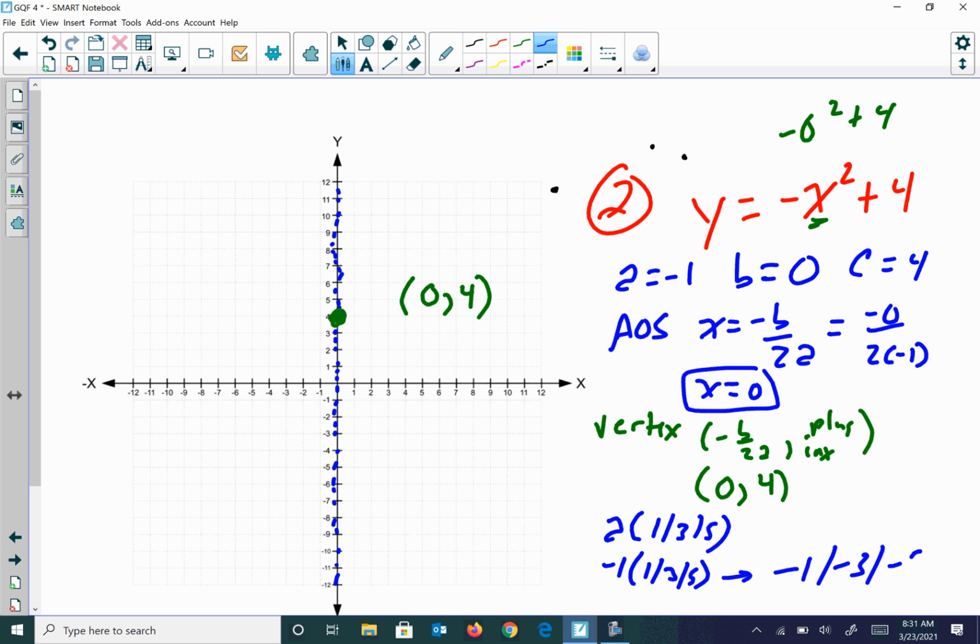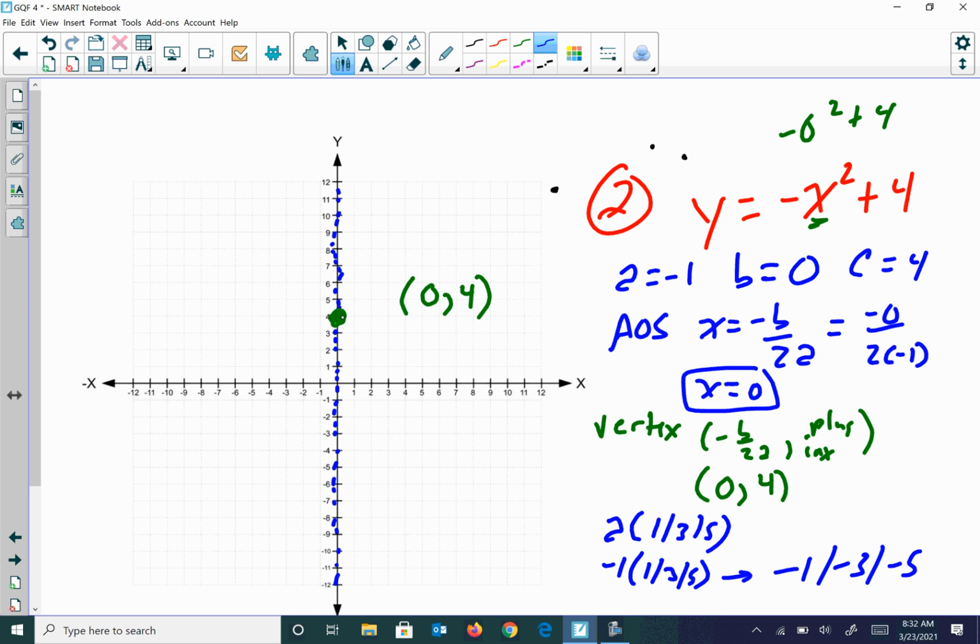So what does that mean my graph's going to do? It's going to go down. Why is it going to go down? Because the a value is negative. The a value dictates whether it opens up or down. A value is positive, up. A value is negative, down.